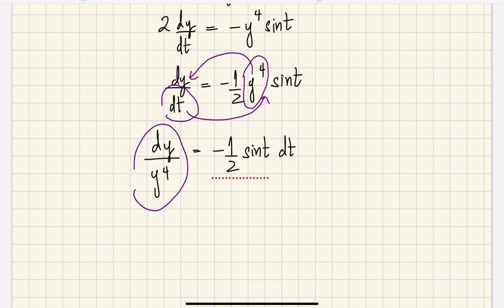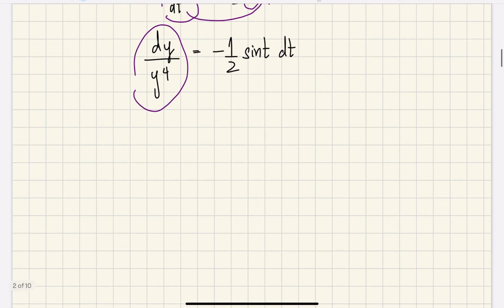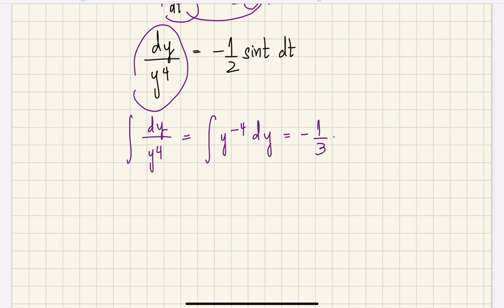Now we will integrate these separately. First one, we have dy over y to the 4, which is equal to the integral of y to the negative 4 dy, which is negative 1 over 3 y to the negative 3.